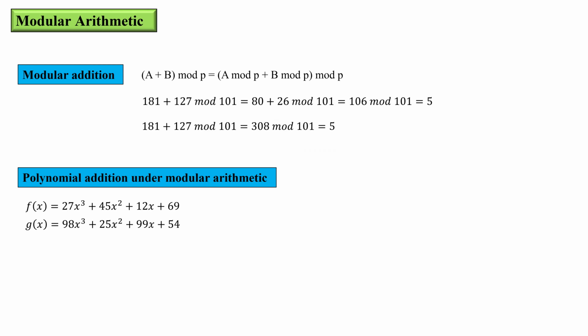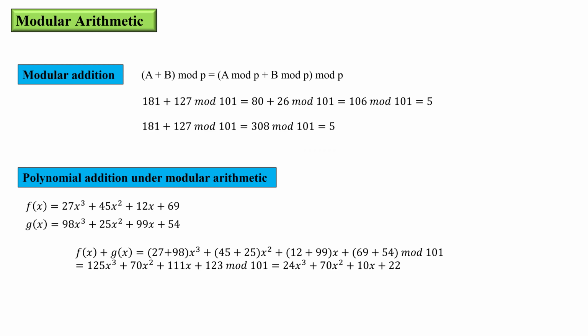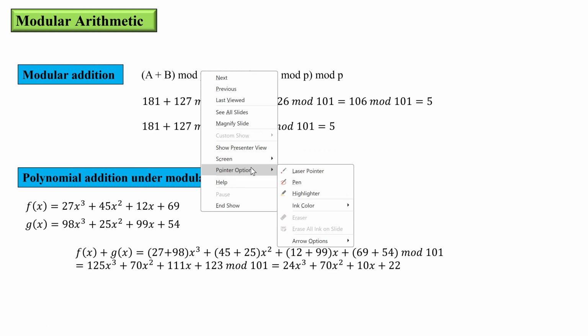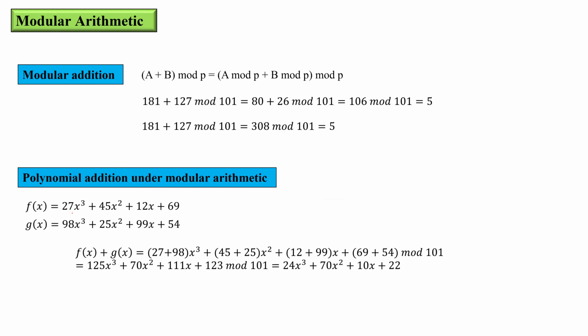Based on our previous knowledge, when we want to compute the addition of these two polynomials, we just find the same degrees of x and then add these coefficients to each other. This means that the coefficient of x to the power of 3 in f of x and the coefficient of x to the power of 3 in g of x should be added to each other.